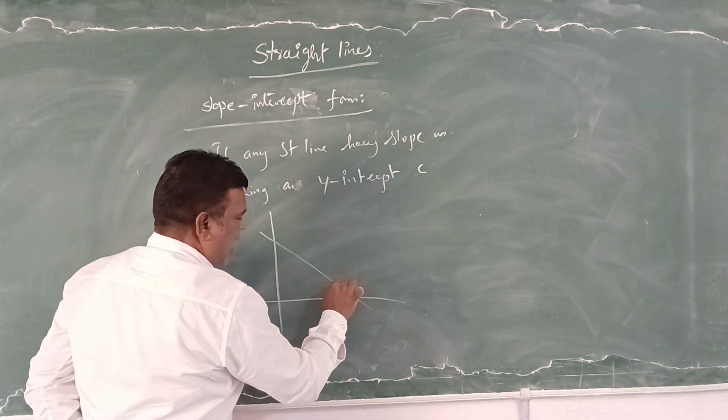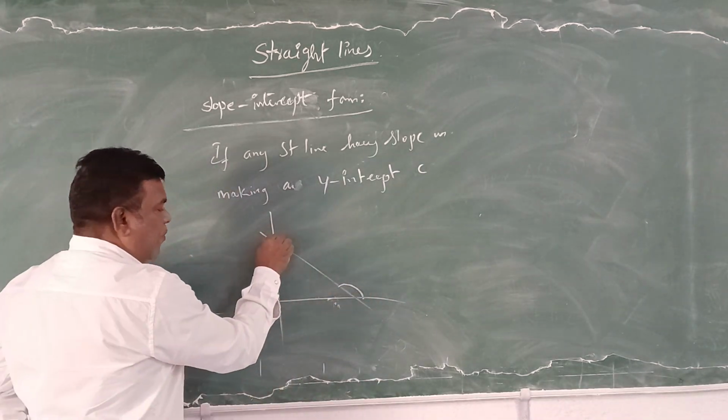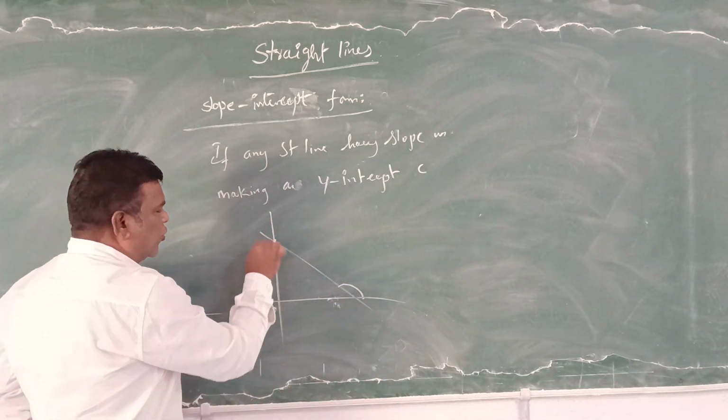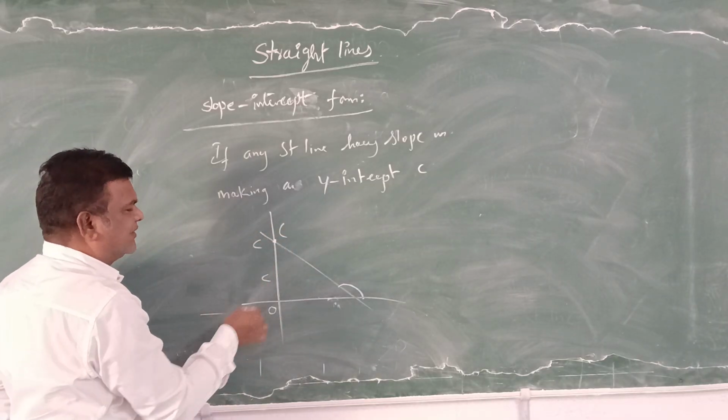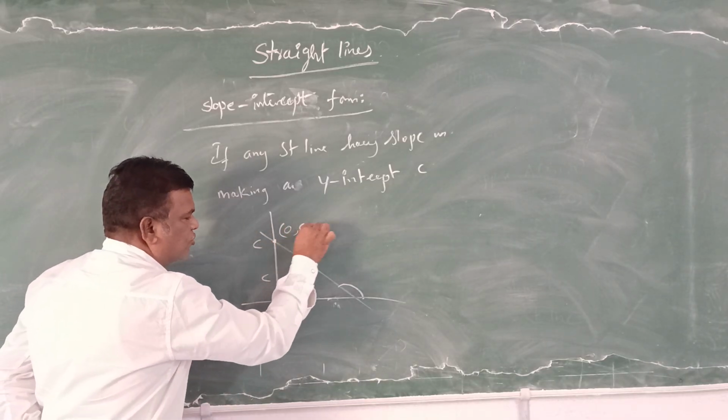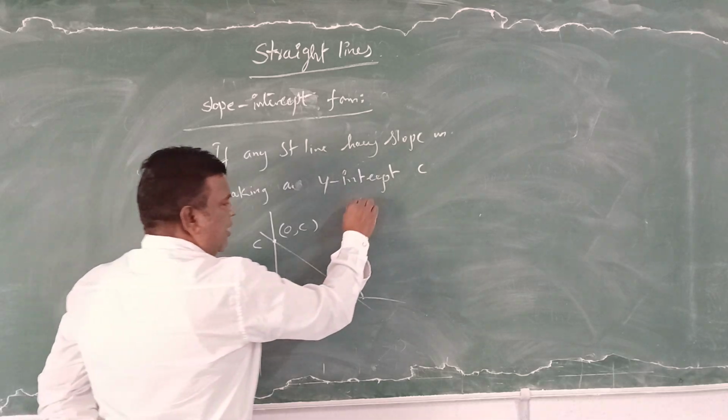This is a line having some inclination. Y-intercept c means OC is c. This point on the y-axis is (0, c).